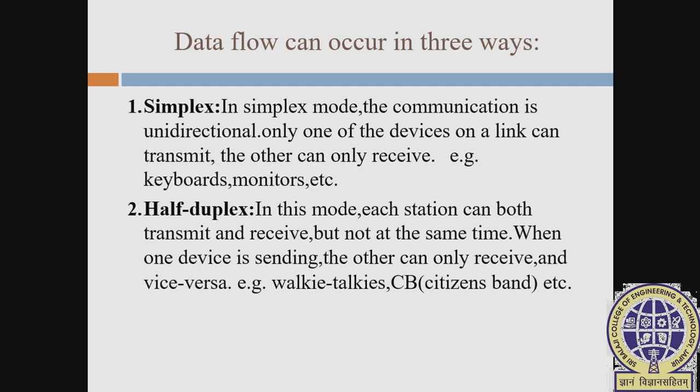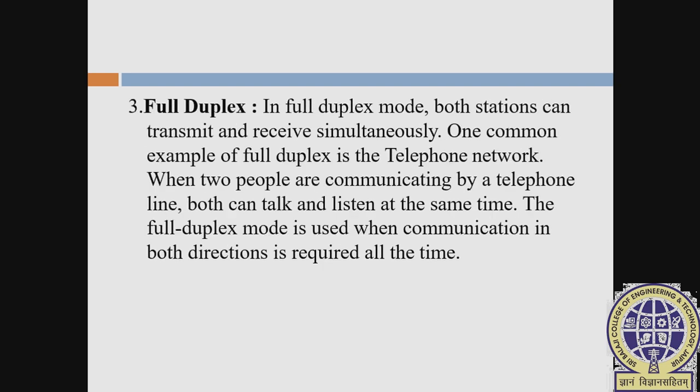An example of this type of communication is the walkie-talkie. One side can send some information, then after that the second side receives it, and then the second side sends and the first one receives all the information.